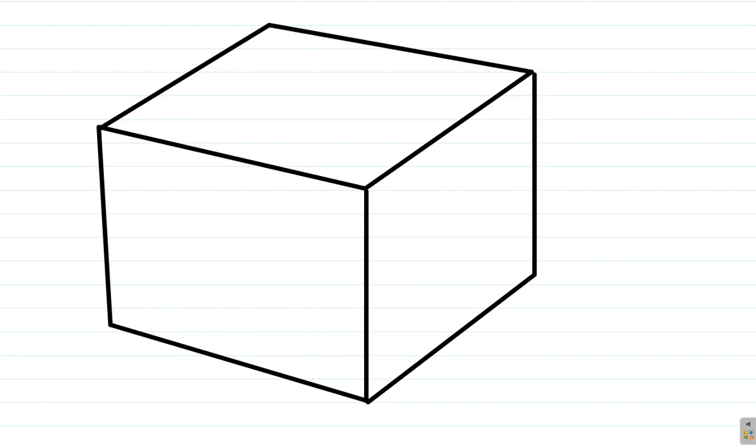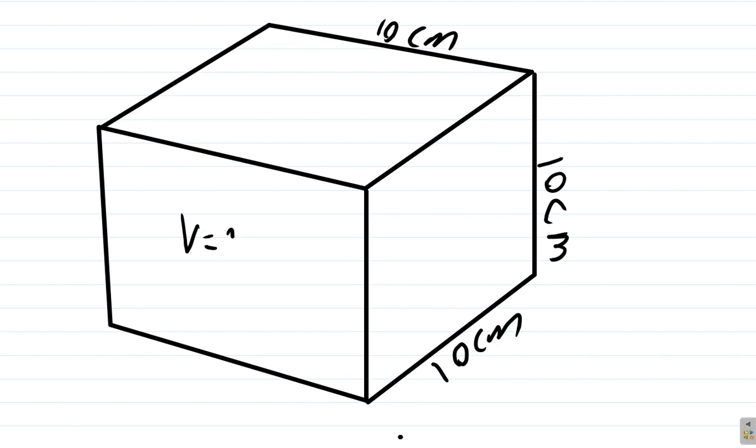If this is 1 liter, then this side is 10 centimeters long, this is 10 centimeters high, this is 10 centimeters wide. So this volume equals 1 liter for the American, litre for the British. So 1 liter is equal to 10 by 10 by 10, which is 1,000 cubic centimeters.